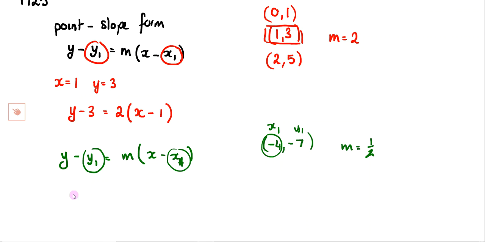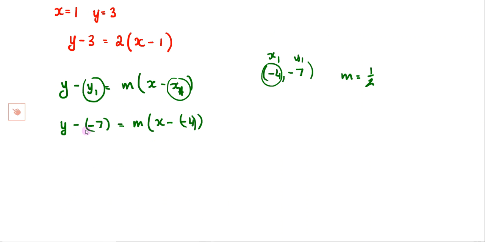So we've got y subtract negative 7 equals m times x subtract negative 4, which we will simplify, and we won't leave it like that. We will actually rewrite it as y plus 7 equals 1/2 (x plus 4). Okay? Right, let's move on then.